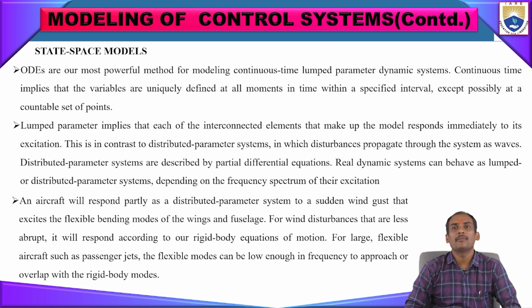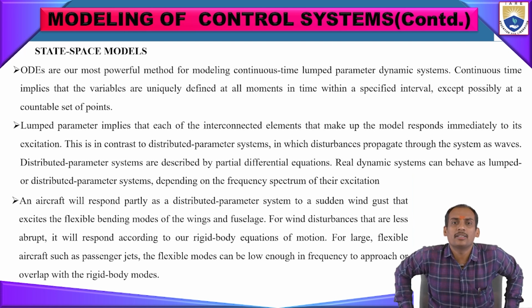So for wind disturbances that are less abrupt, it will respond according to our rigid body equations of motion. For large flexible aircraft such as passenger jets, the flexible modes can be low enough in frequency to approach or overlap the rigid body modes. Generally, rigid body modes mean we have a fixed wing aircraft only.